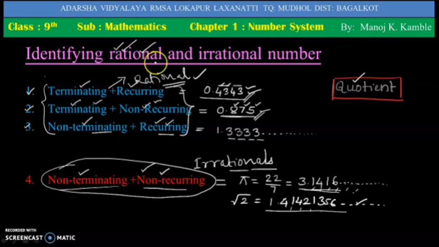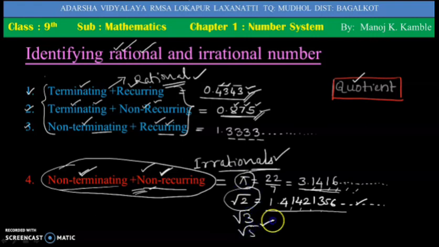If non-terminating with non-recurring, then that type of number is called an irrational number. Pi is one example, and root 2, root 3, root 5 are all examples of irrational numbers, because their decimal expansions are non-terminating with non-recurring. Okay, thank you.